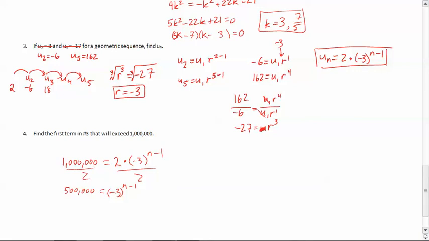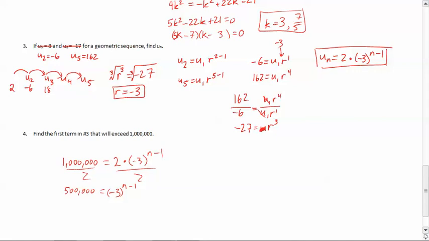The other thing is, the only thing that the negative here is doing is that it's causing the numbers to alternate between positive and negative. And we know that if it's a negative number, it's not exceeding 1 million. So we can actually take this and adjust it for our purposes so that it's a positive 3. All right, because a positive 3 will still give us the correct number every time. It just won't give us the negative.